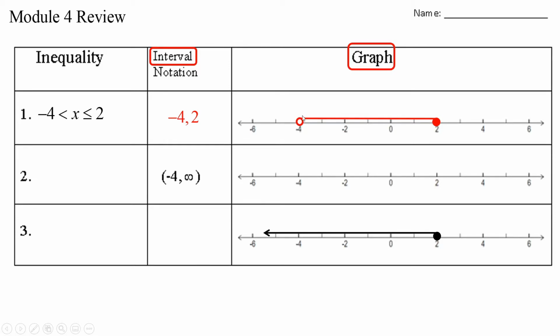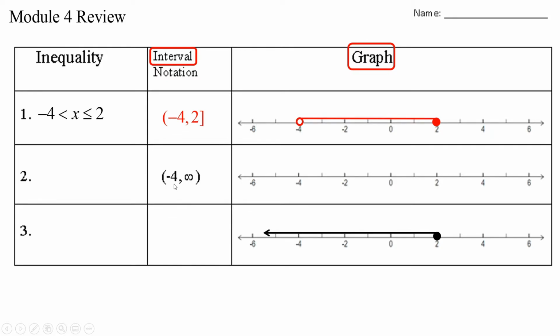So this is open. Note again, there's no equal sign right here, so I need a parenthesis for my left bound, meaning x cannot equal that -4, and a bracket for my right bound because x can equal 2. And there's number one.